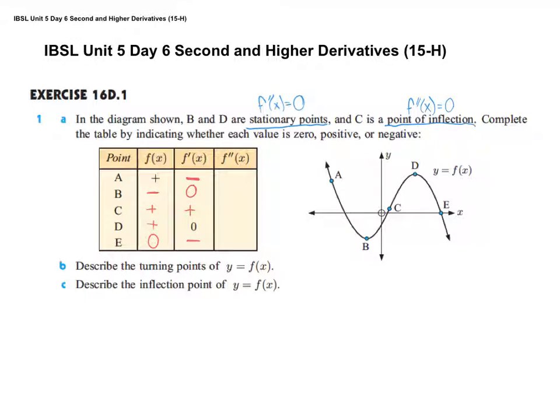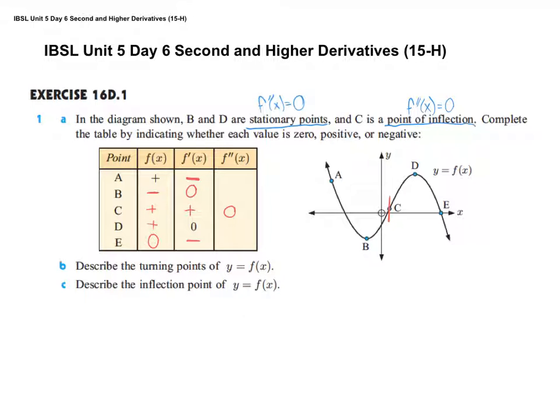So, you have the second derivative. Now we're talking about concavity. Which one of these were we already told? At C, we know it's 0. So this right here is our point of inflection. To the left of it, are we concave up or concave down? We're concave up.